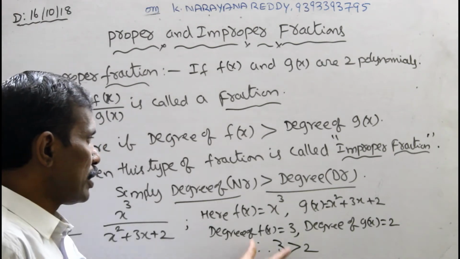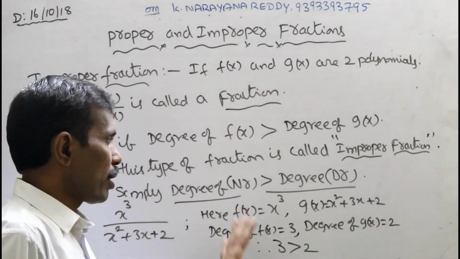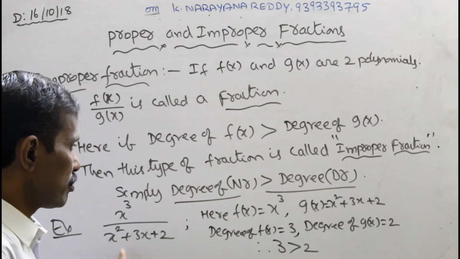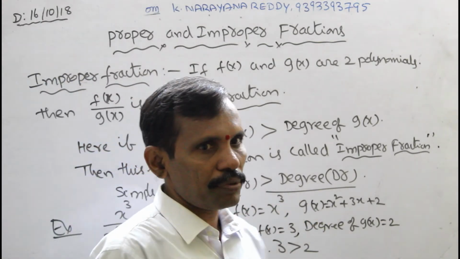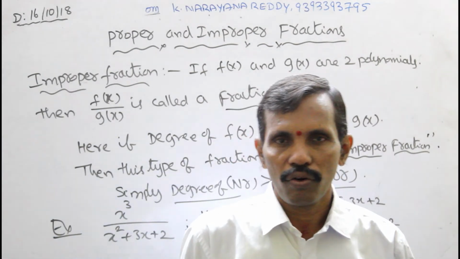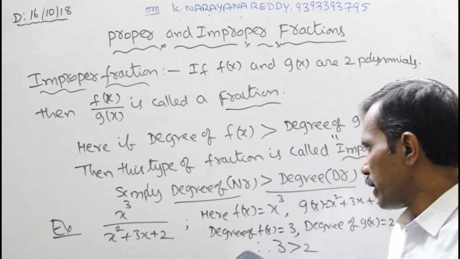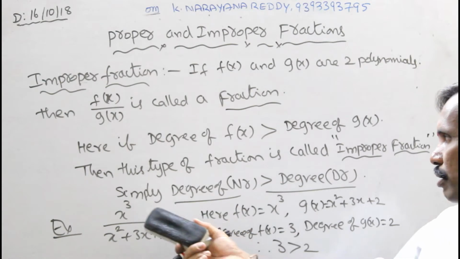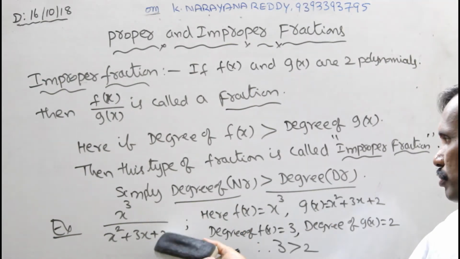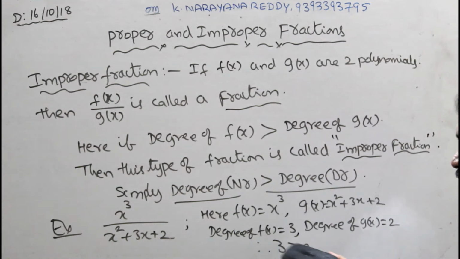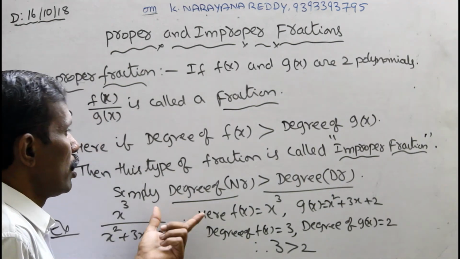That is why this is called an improper fraction. In this way, we can identify whether a fraction is proper or improper. The degree of the numerator is 3 and the degree of the denominator is 2, so 3 is greater than 2.